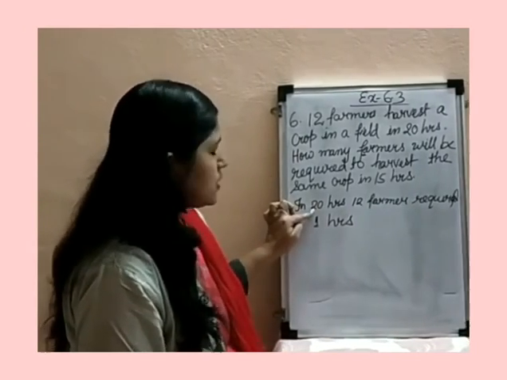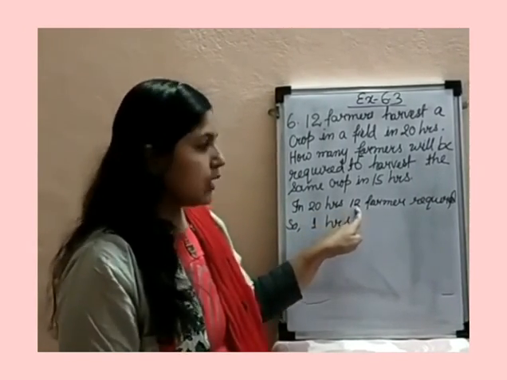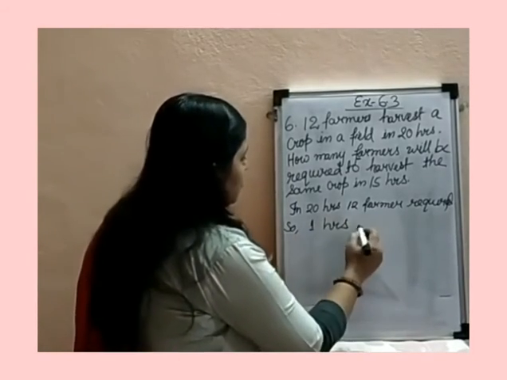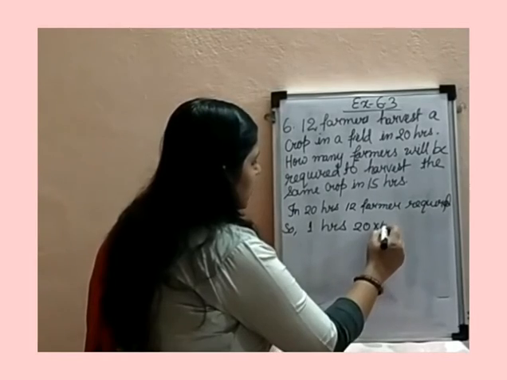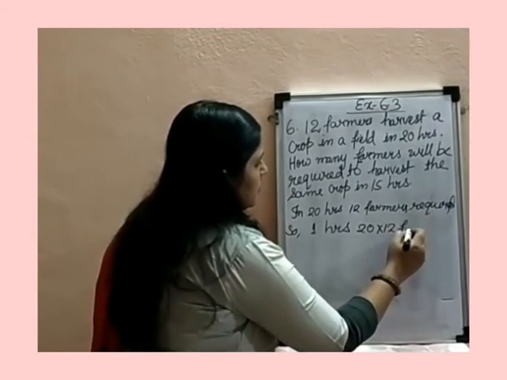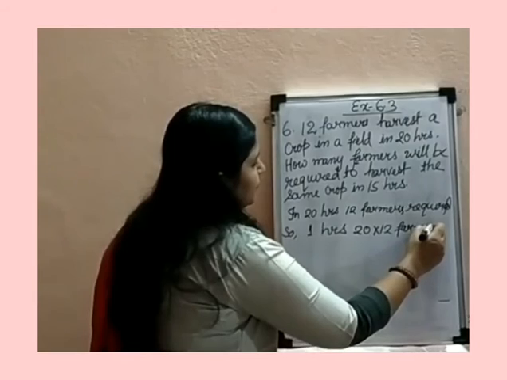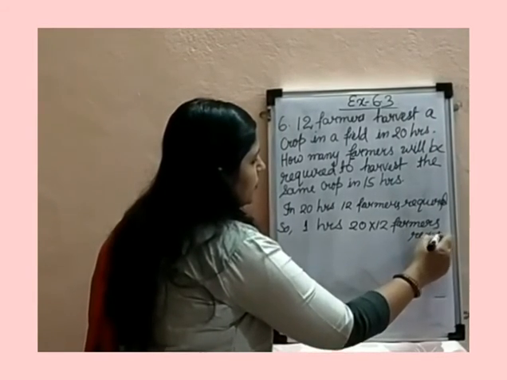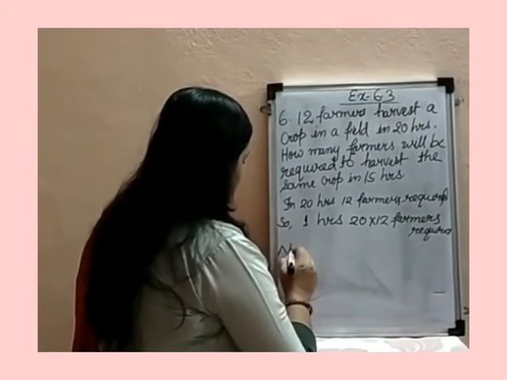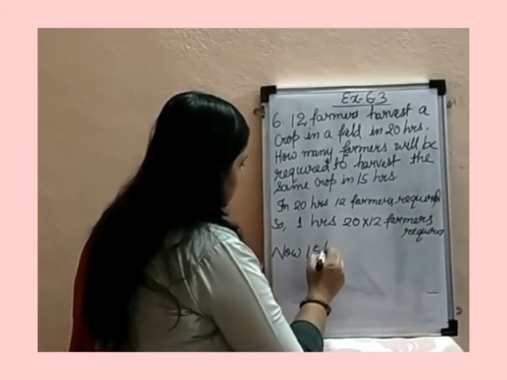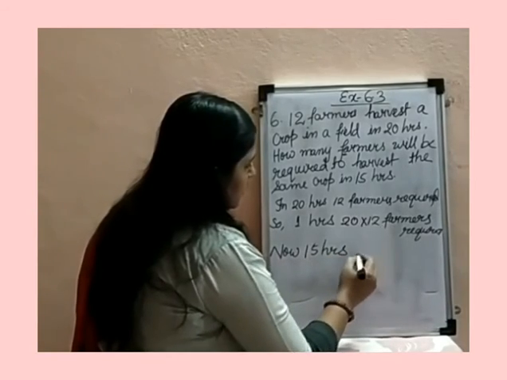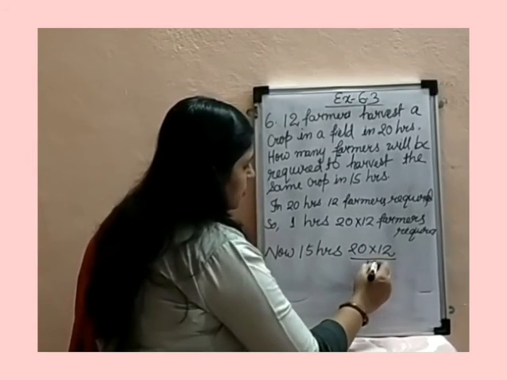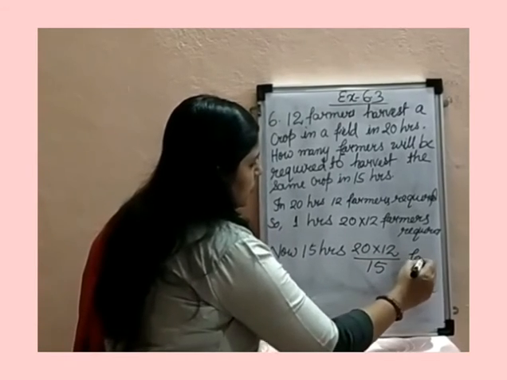In 20 hours, 12 farmers will be required. So in 1 hour, more farmers will be required, so we will multiply 20 into 12. Now in 15 hours, the number of farmers will be 20 into 12 upon 15.